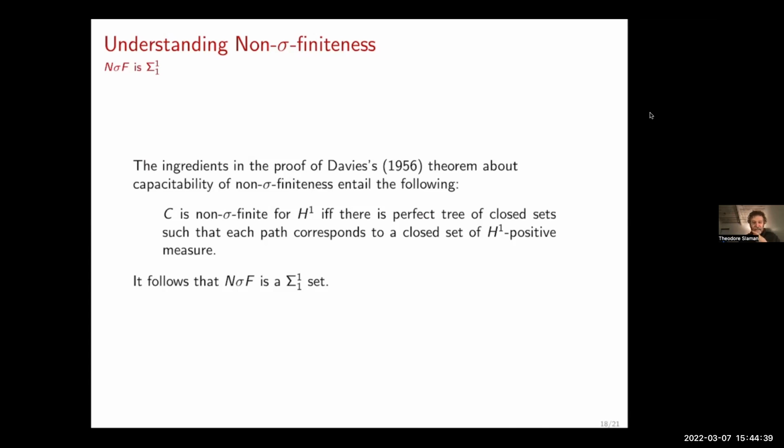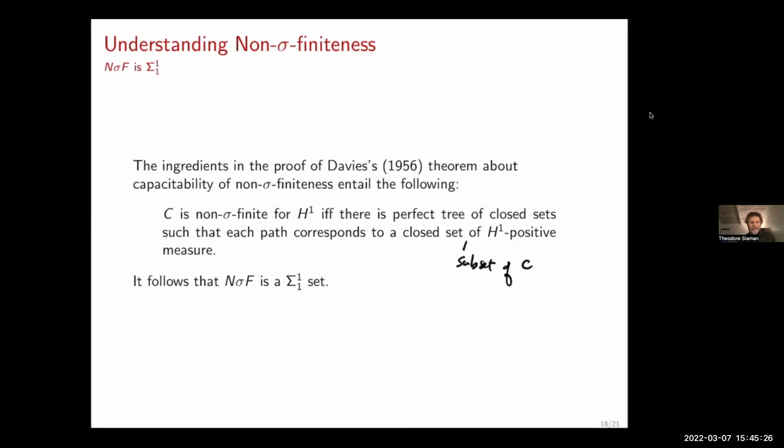If you have a closed subset with regard to linear measure, well, that closed set is non-sigma finite if and only if there's a perfect tree of closed sets such that each path through that tree corresponds to a closed subset of C. I should have said that each of these closed sets is a subset of C of positive linear measure.